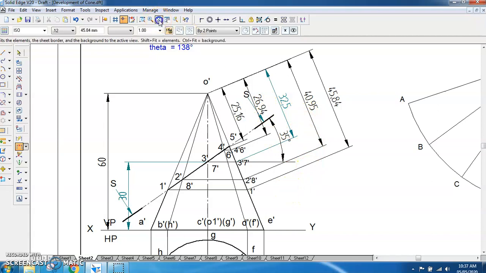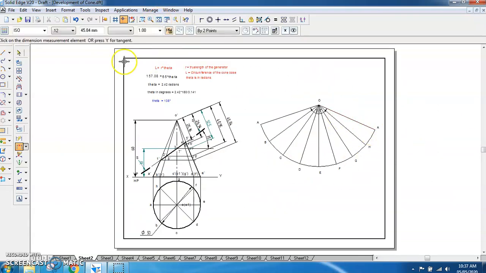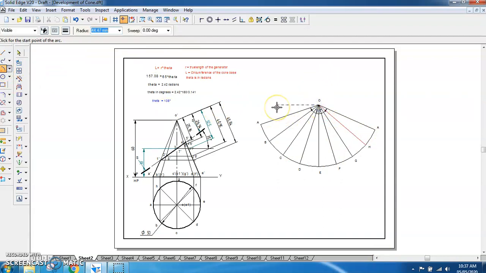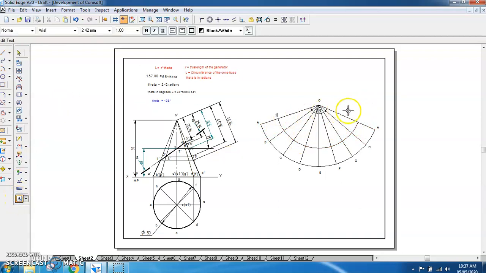These distances you have to cut on this arc. I will show you here. First one is A, where we have one point, that is 45.84. So I'll enter 45.84 here, and I'll get one point here and another on this one.